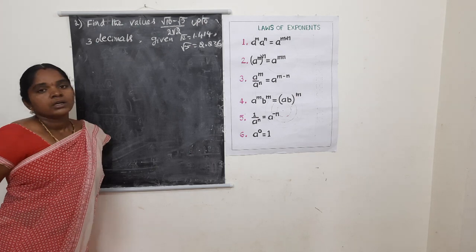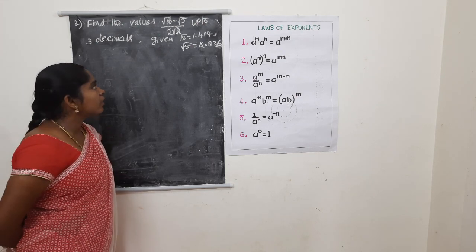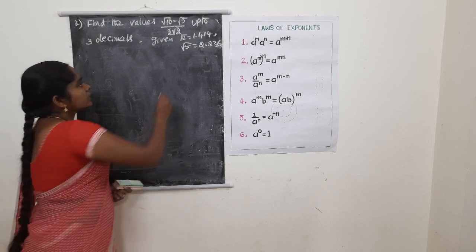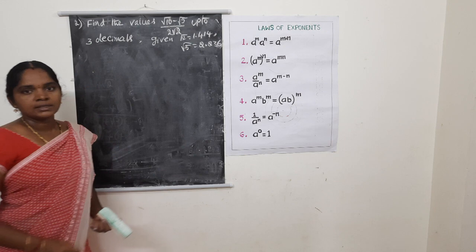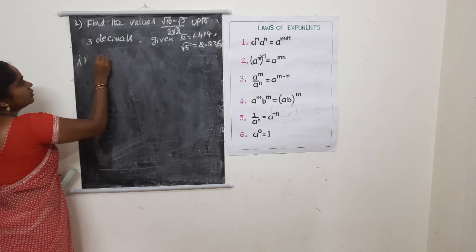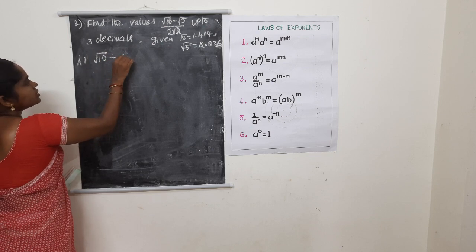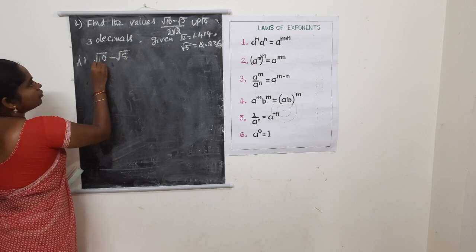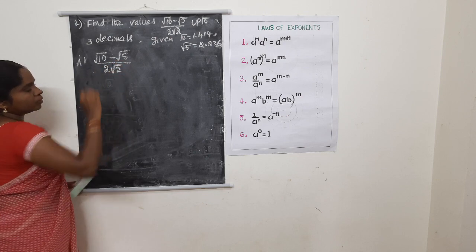Given two values: root 2 equal to 1.414 and root 5 equal to 2.236. So the given expression is root 10 minus root 5 by 2 root 2.